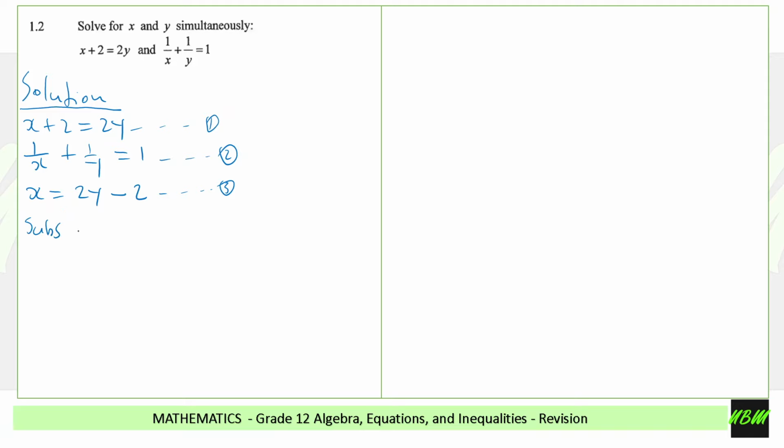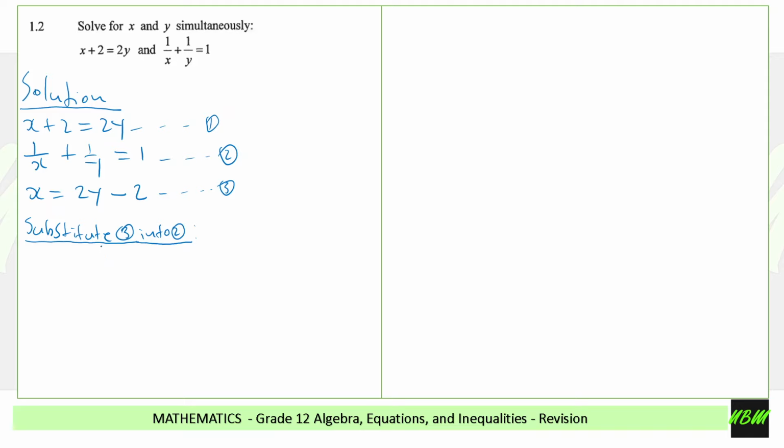We are going to substitute equation number 3 into equation number 2. Remember, equation number 3 and equation number 1 are the same equations written differently. So now we must substitute one equation into a different other equation.